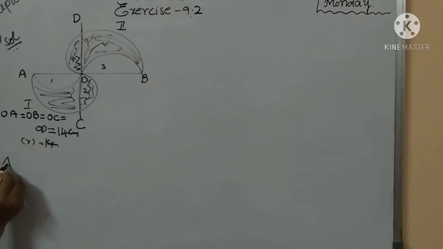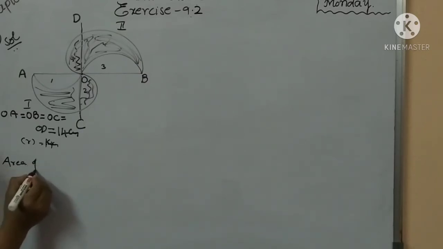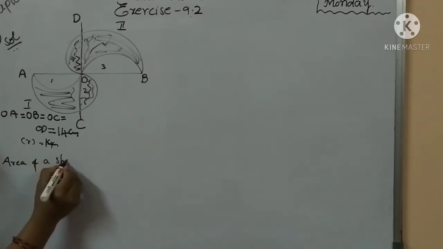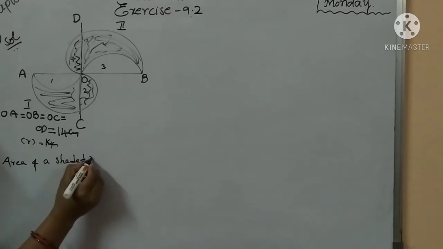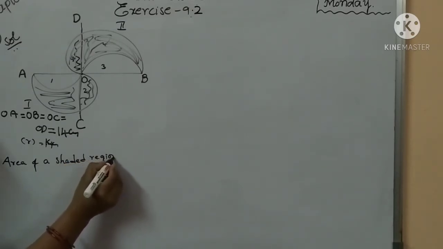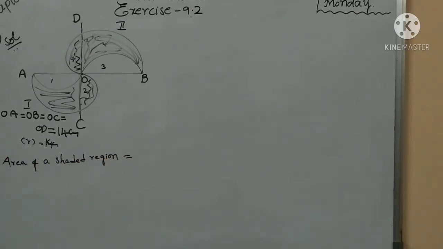Observe that area of the shaded region. So here observe that first one is area of quarter circle BXD.